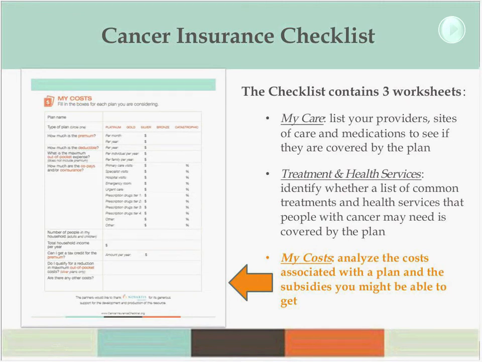Just to be clear on catastrophic, if you have a history of cancer, you do not want to have a catastrophic plan. That literally only covers catastrophic care, so a major event. We have that listed, but as Fran said, we'd like for you to start in the gold column and work to the left versus in any of the columns to the right. So you can see there that it's the number of people in your household.